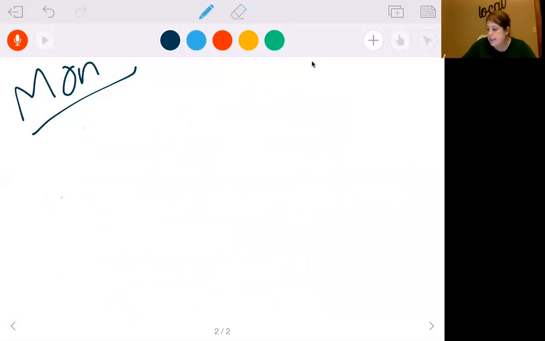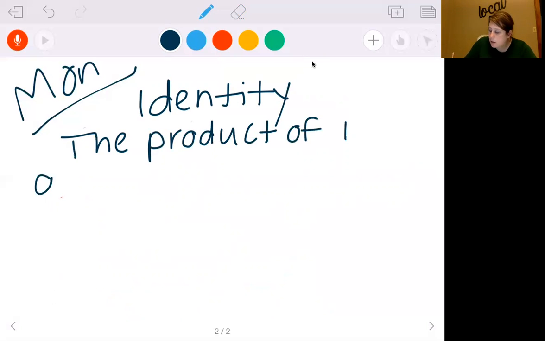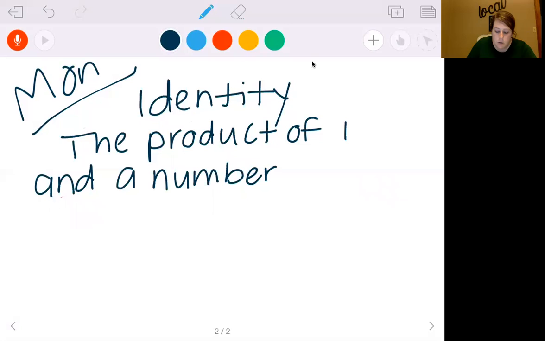The next one is identity. This is the same as the addition that we did. The product of 1 and a number is the same as that number.